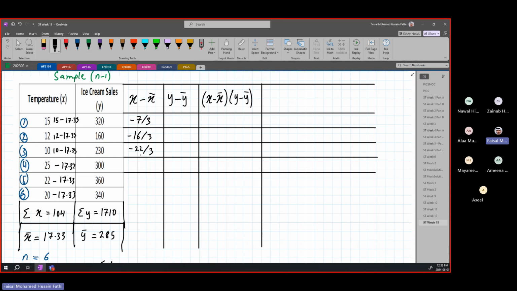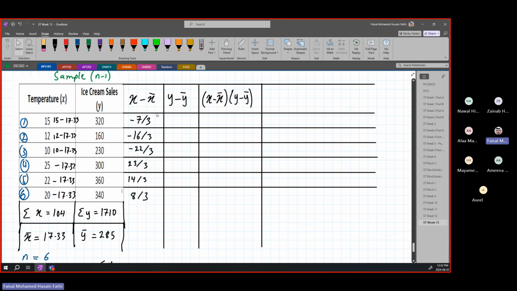We're going to get 23/3, 14/3, and 8/3. All right. Again, you guys can keep it in decimal form if it's easier for you. I like to keep it in fractions if they're basic small fractions, because it just makes the calculation a bit more accurate. That's the only idea.